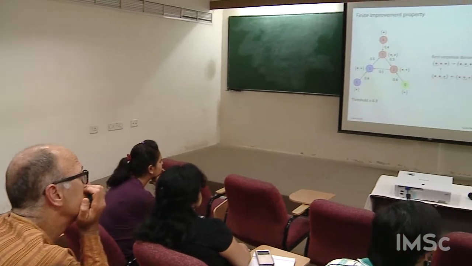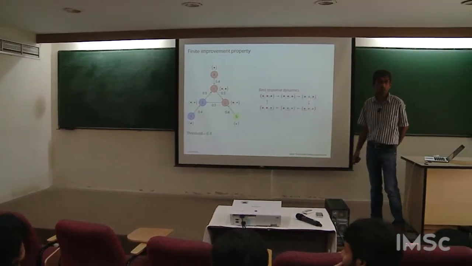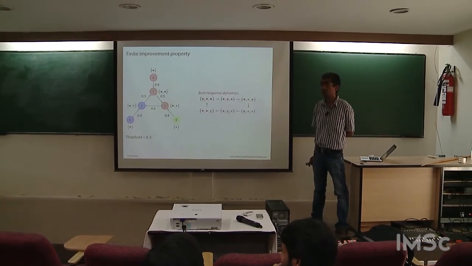So you can do this exercise and look at various complexity results, but let's get into what Jam was asking: the question of the finite improvement property. We already defined what it is in the previous class.